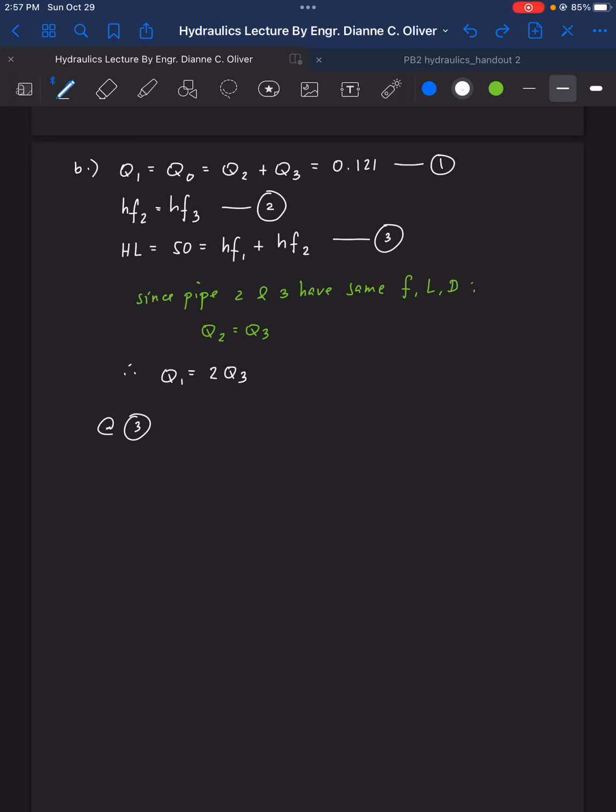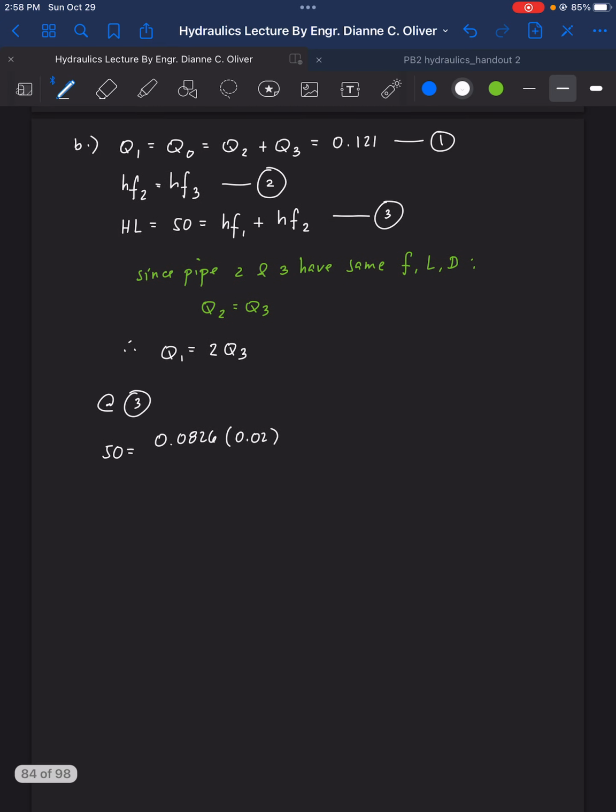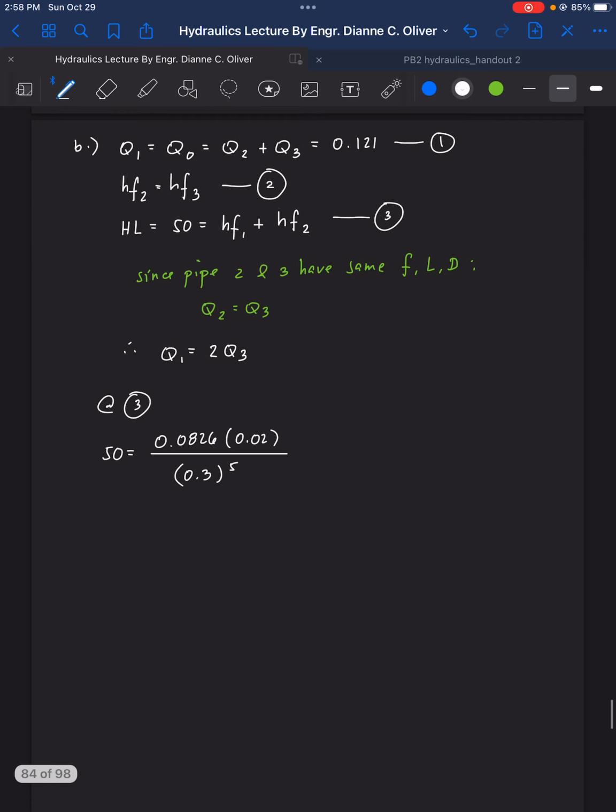So at 3, our head loss is 50, and then we have the same constant 0.0826. The F, I think they are the same. Yes, assuming F is equal to 0.02 on all, and the diameter did not change, 0.3, still 0.3 raised to 5. So at equation 3 here, h_f1 plus h_f3.